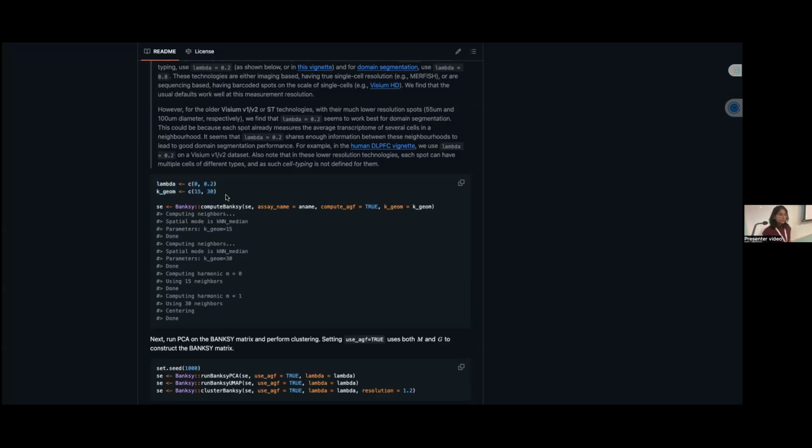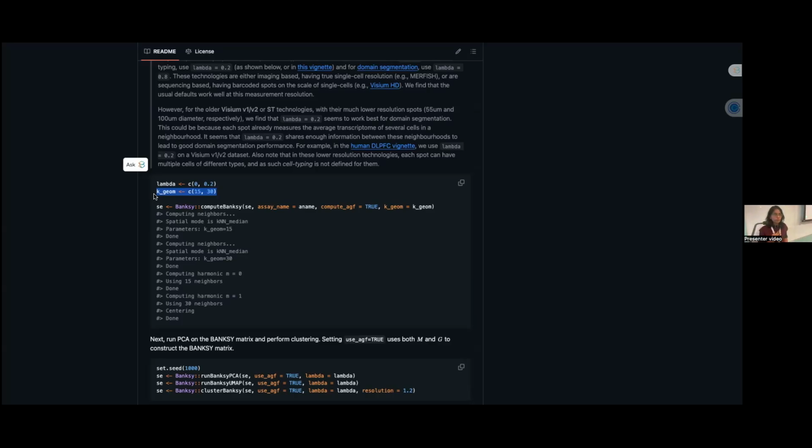And then another thing that really makes a difference is the k-geom, which is basically the number of neighbors that you want to compute. We are using 15 in this workshop, but that is only because if not, all your VMs will crash, all right? But ideally, I use 50.